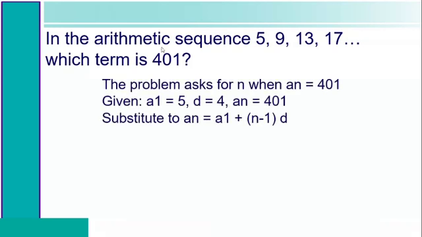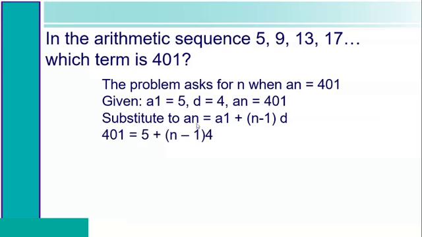So the problem asks for n when an is equal to 401. Our given a1 is equal to 5, d is 4 because 9 minus 5 is equal to 4, 13 minus 9 is equal to 4, and 17 minus 13 is equal to 4, and our an is equal to 401. So we'll just substitute to our equation.